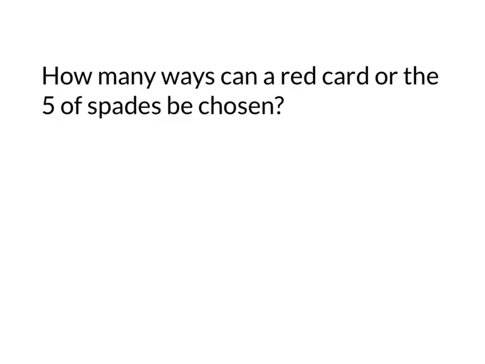So here's the first thing I'm going to do now. I'm going to recognize that this is an OR problem. If it's an OR problem, I'm going to use an OR formula. So I'm looking for the number of ways of getting a red or the 5 of spades.